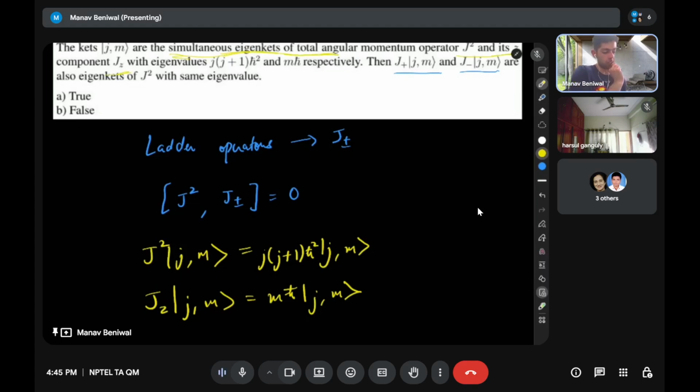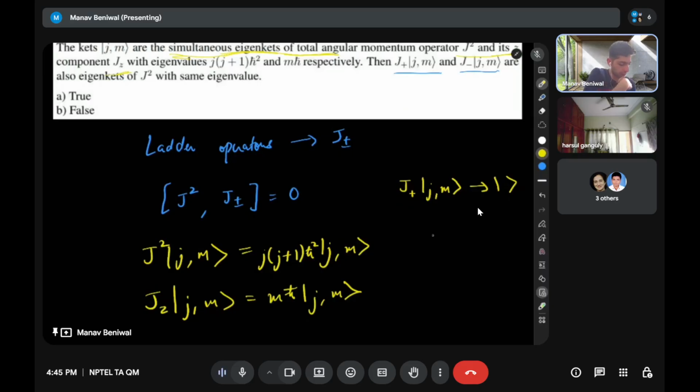Now in the problem we have to show that if we operate these ladder operators j plus and j minus on these eigenkets, we'll get some other kets. And we have to show that the ket we are getting is also an eigenket of j squared with the same eigenvalue.